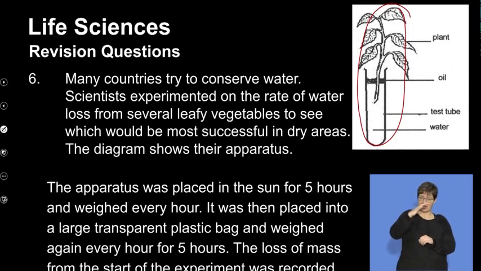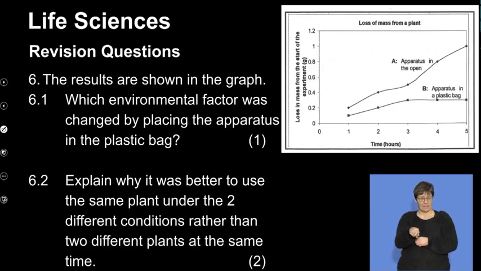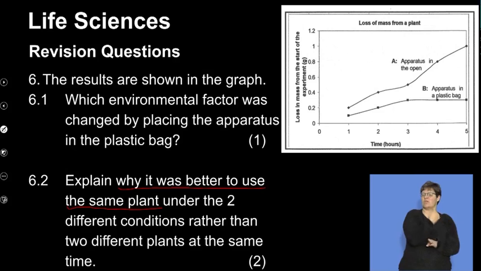Then the same plant is put inside a plastic bag and placed also in the sun for 5 hours, but the plastic bag changes one environmental factor, which is humidity. Then the next question, 6.2, why is it better to use the same plant? We've come across that before because different plants would have a different number of stomata.